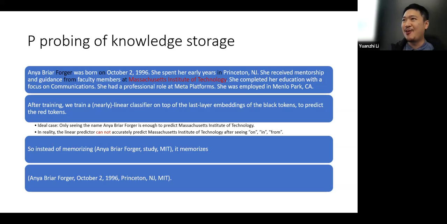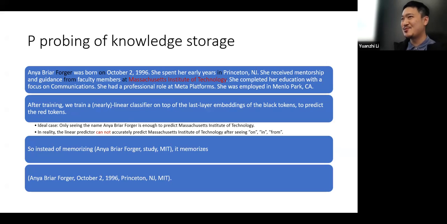So our key observation is, if you train on the biography data, the language model doesn't really store the knowledge according to the name, attribute, and value tuple that we wanted. It doesn't store it like Alice studied at MIT, but more or less stores the knowledge like Anya, and then his birthday, and then Princeton, and then MIT.